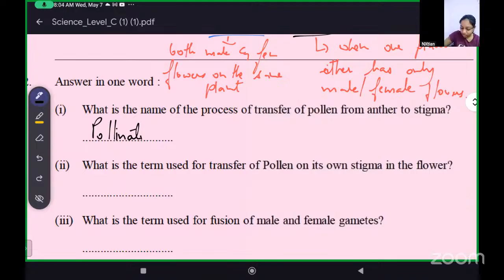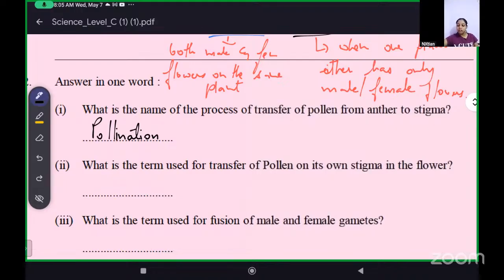Pollination. Why pollination and why not fertilization? Ma'am, because pollination is when the flower gets pollinated, and fertilization is when both the male and female parts come, the pollen and the egg form a zygote. Yes, Abraham.